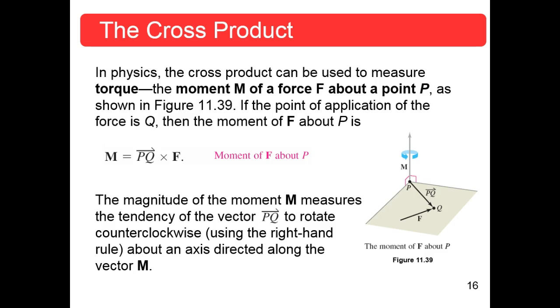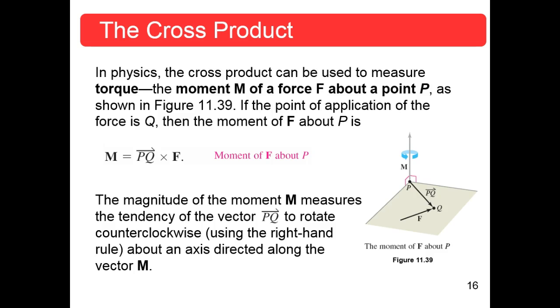This is where it was, top of page 783. We finish at 210, yeah, that's what I meant to say. In physics, the cross product can be used to measure torque.